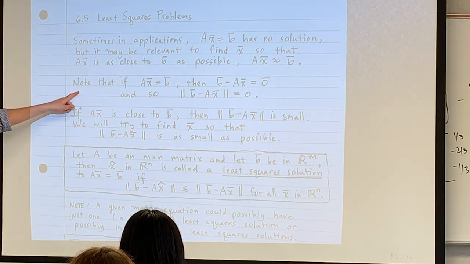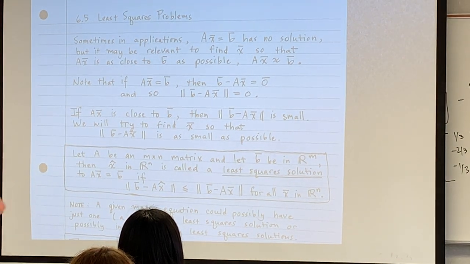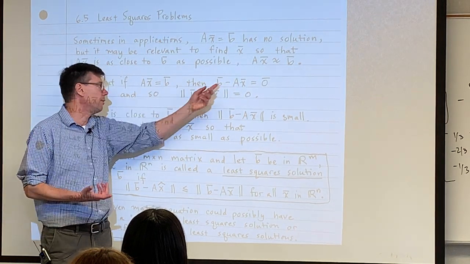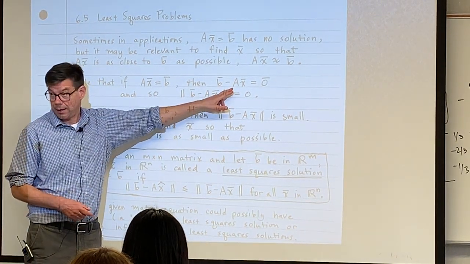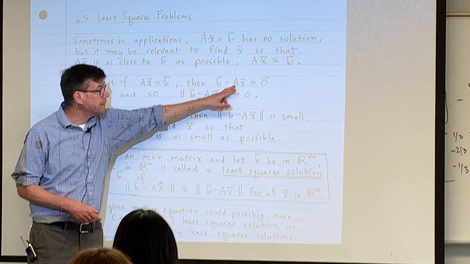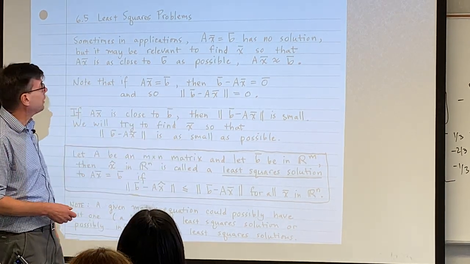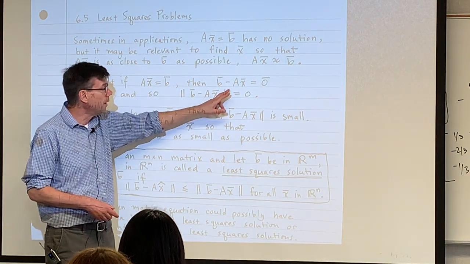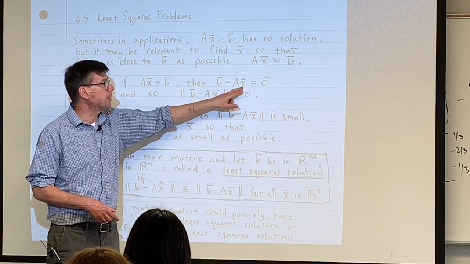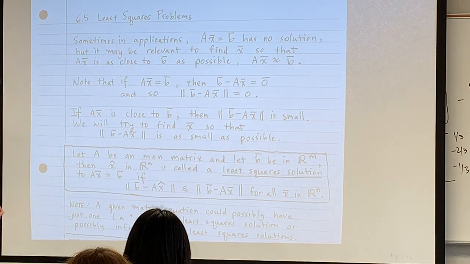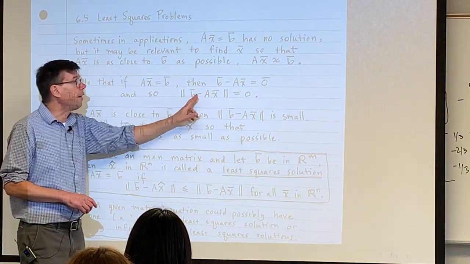So note that if AX equals B, then we can write B minus AX equals 0. B minus AX is a vector, a column vector. A is an m by n matrix. I think dimension could be anything here. But once we multiply by x, we have a vector. B is a vector. So this difference is a vector, and you can talk about the length of that vector.